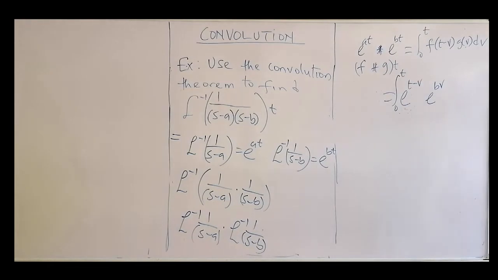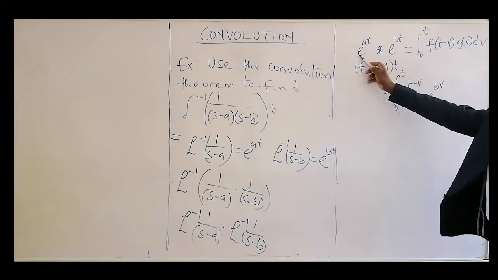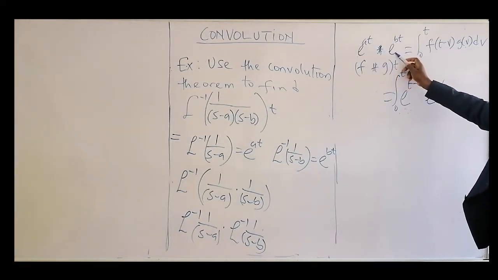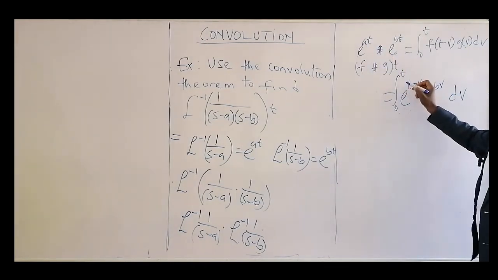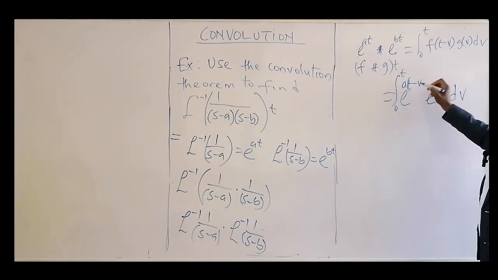So this is your f, this is your g. Turn this one into a function of v, so anywhere you see t there, that will be v. There's a mistake here: this a is here, you put your a there and open your brackets.